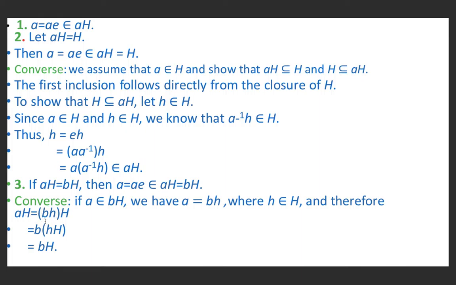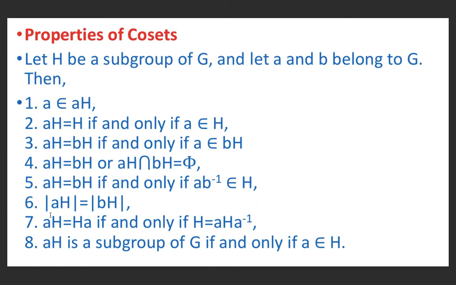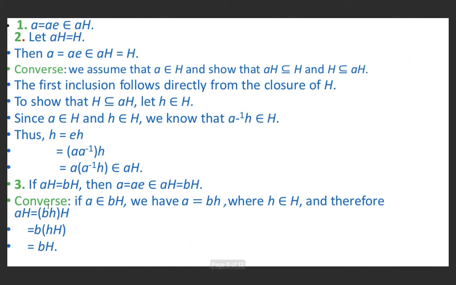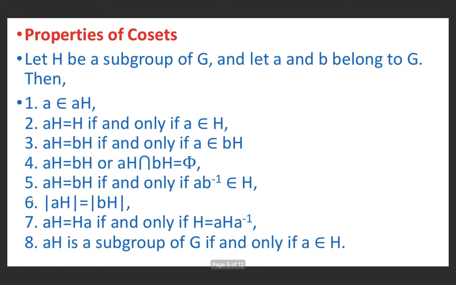By associativity, because H is a subgroup of G, this is b into hH, and hH is equal to H, therefore this is equal to bH. So this is the third property.